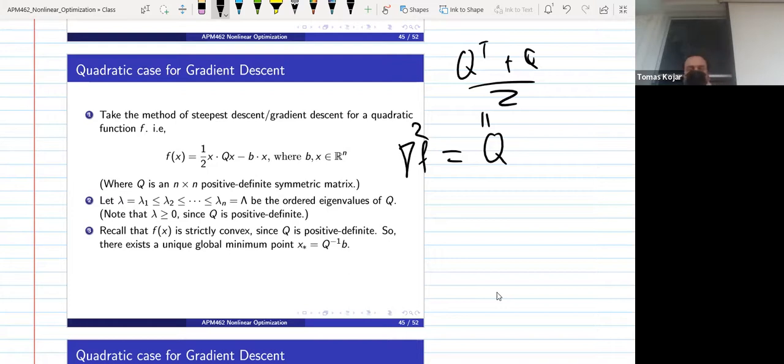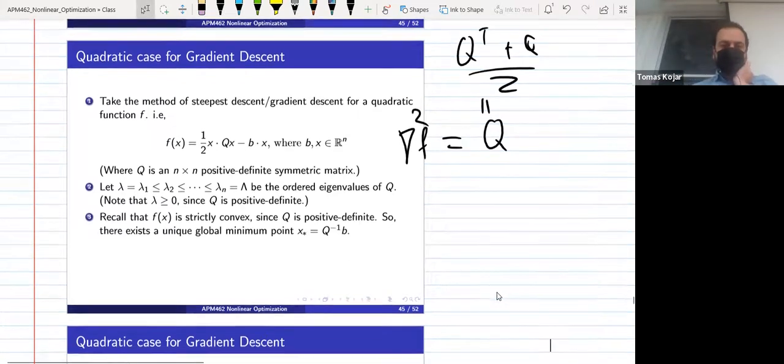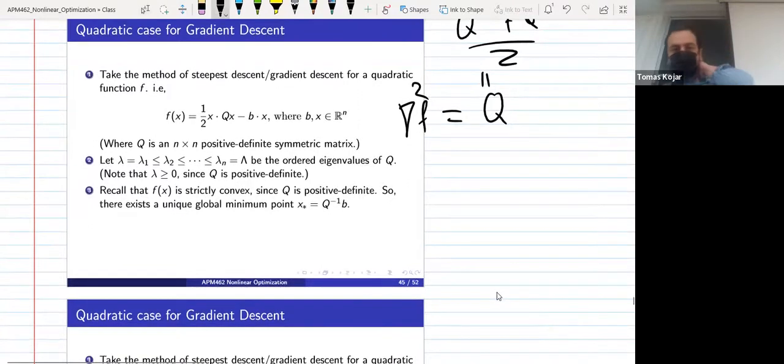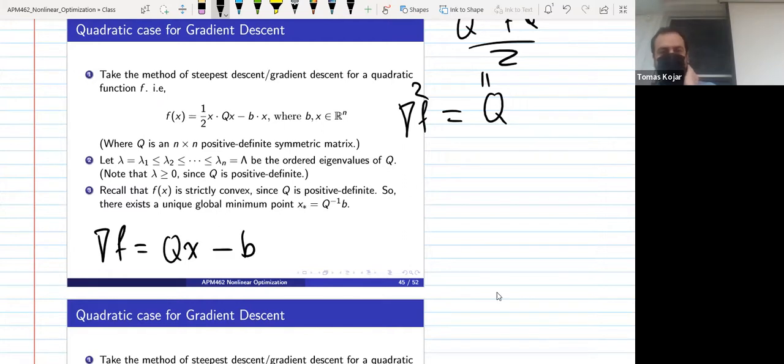And what's the gradient? It's Q of X minus B equaling 0, so the minimizer is Q inverse B.